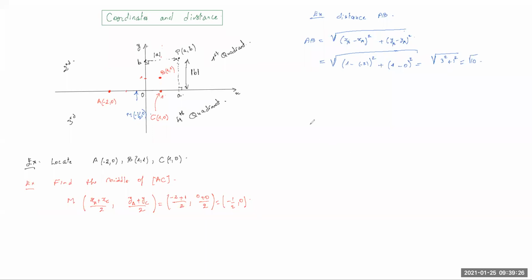Like that we can have different questions. For example, show that the triangle ABC is a right triangle.